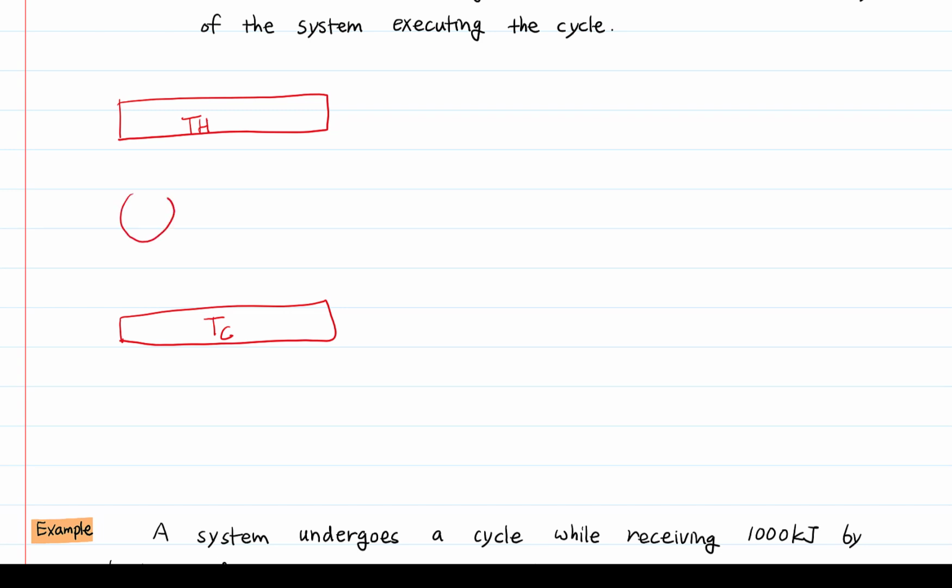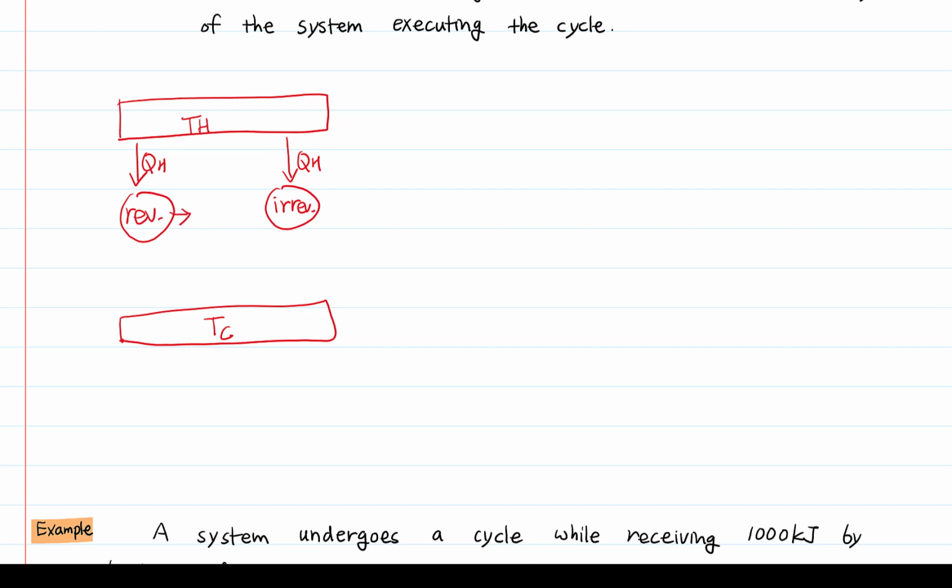One is a reversible cycle, the other one is an irreversible cycle. They exchange heat with the high temperature reservoir and the low temperature reservoir. Both systems absorb heat from the high temperature reservoir. So QH is absorbed by the reversible cycle, and also QH is absorbed by the irreversible cycle.